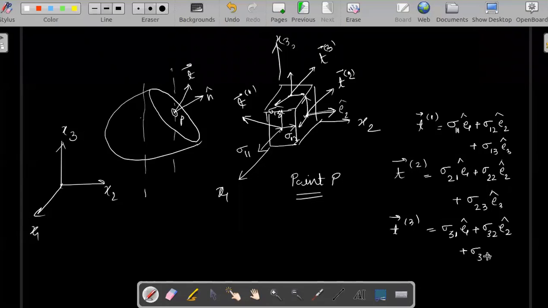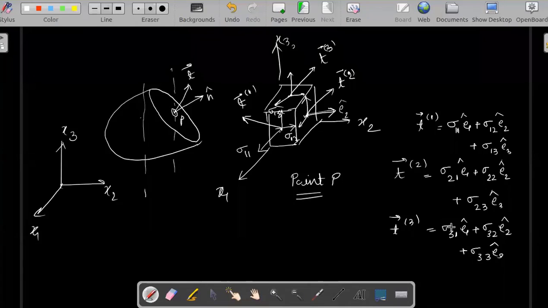So actually our objective is to find a physical quantity that does not depend on the plane. Rather, it depends only on the point. We try to define a physical quantity at a point which is independent of the plane. As we have seen, the traction vector depends on the plane.